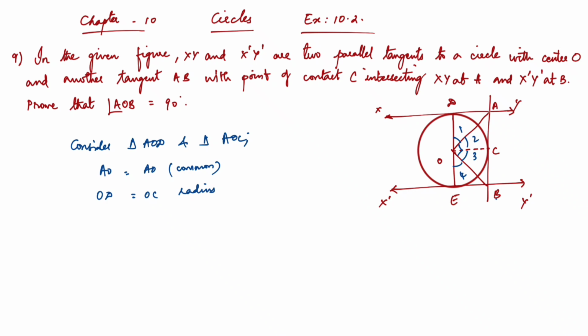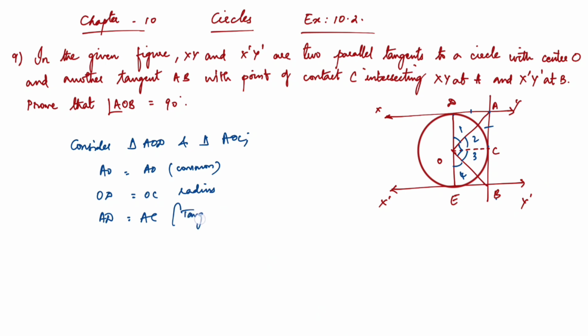And we find that point A is the external point from which two tangents are drawn, and the points of contact are D and C, and they are equal in length. According to theorem 10.2, tangents drawn from an external point of a circle are equal in length. So AD is equal to AC.